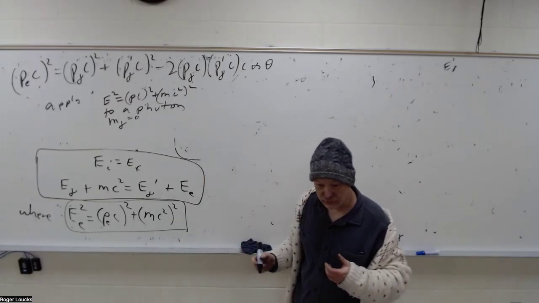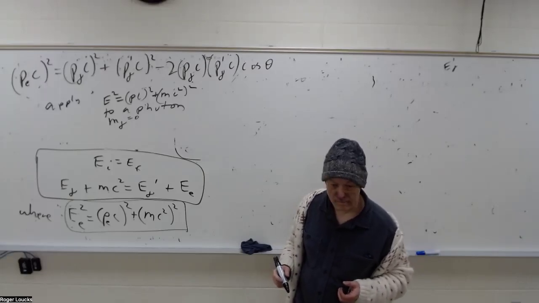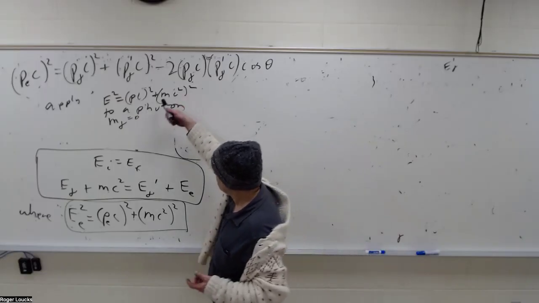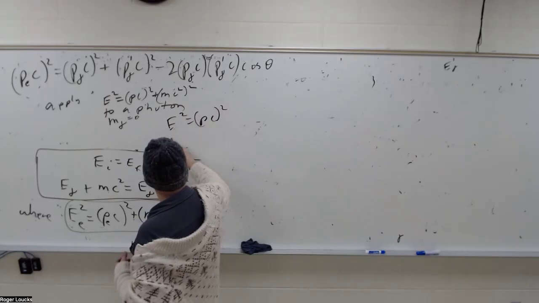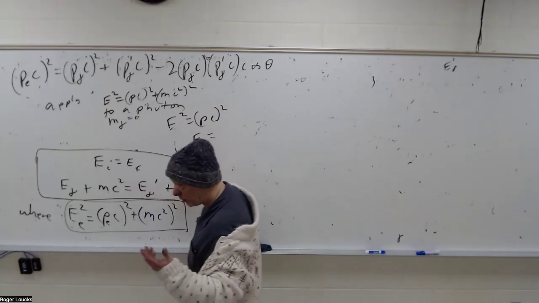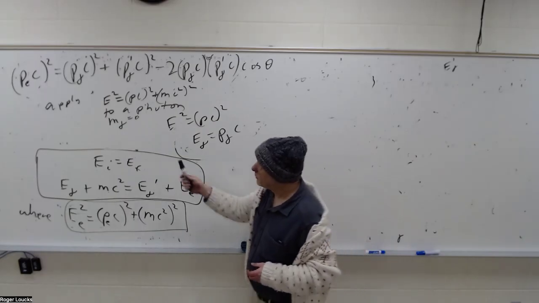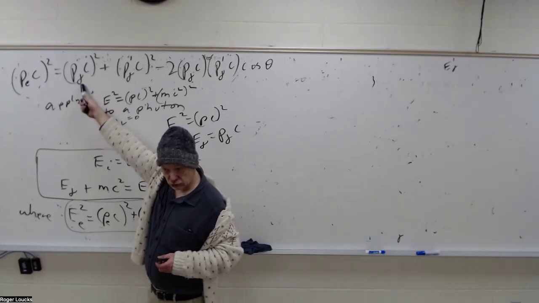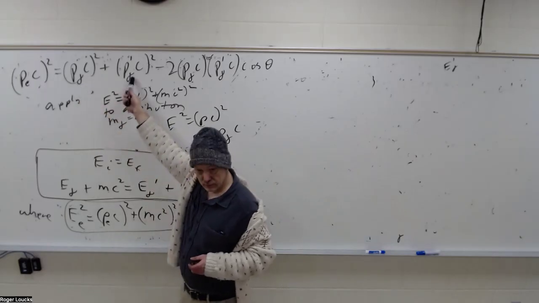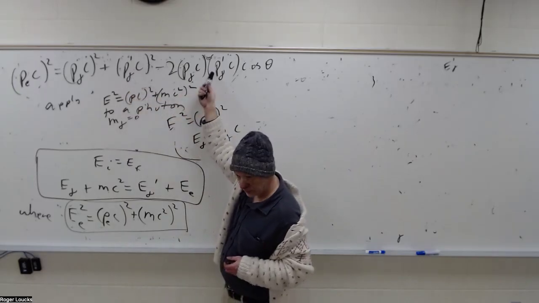Okay, so what does that give us? The m term goes out, so this is E squared equals p squared c squared. In other words, the energy of a photon or any massless particle is just its momentum times c. So this is my initial energy of the photon squared, this is my final energy of the photon squared.